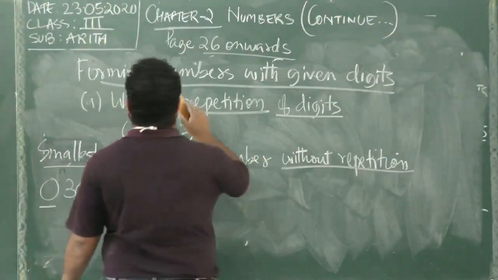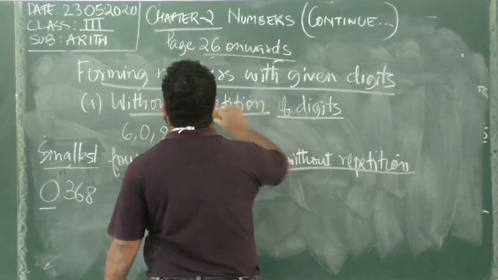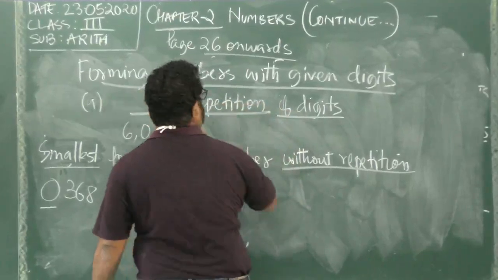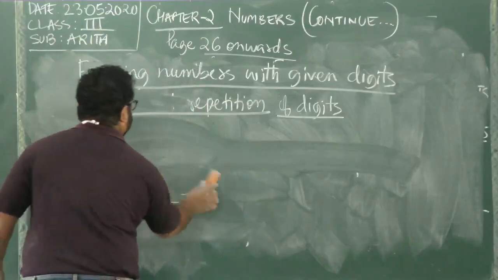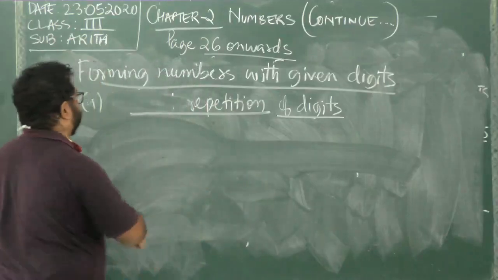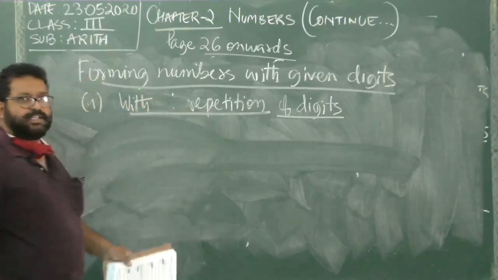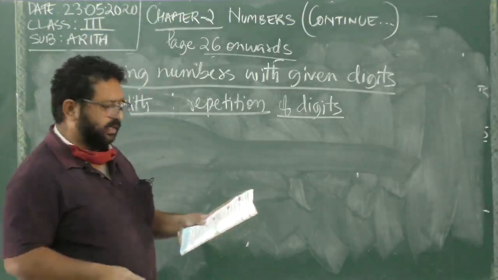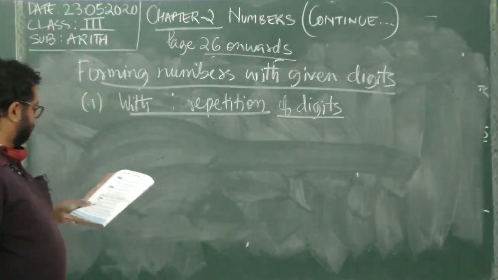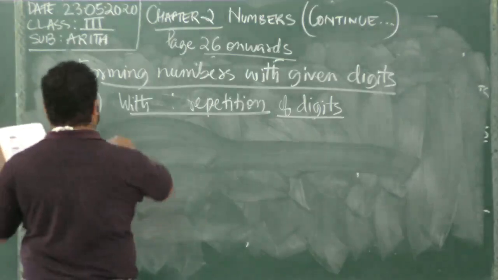So here, with repetition of digits, we can repeat the digits given to us. So suppose write the greatest 4-digit number using this.